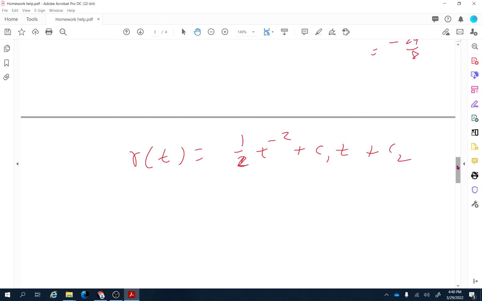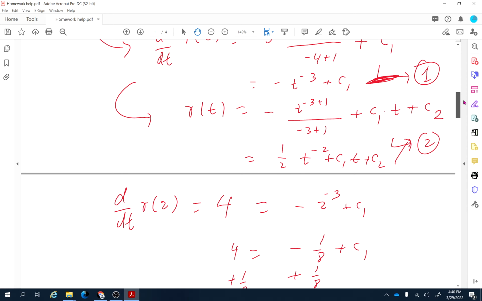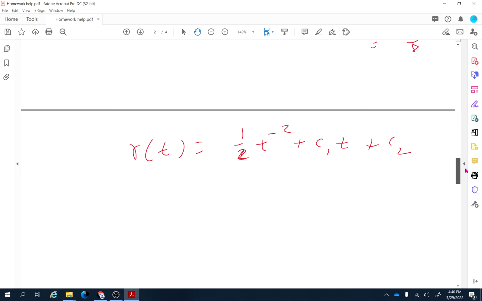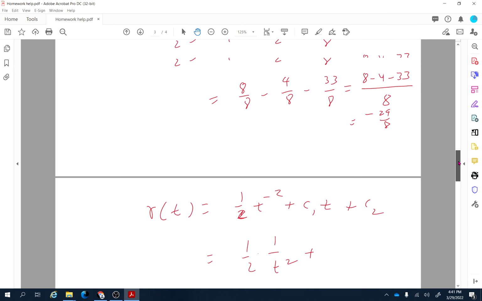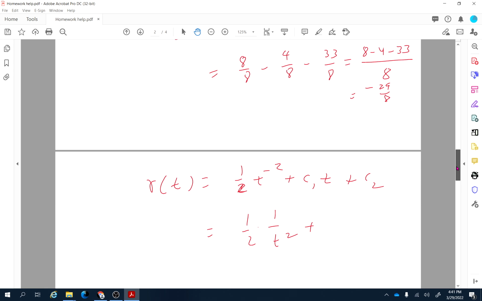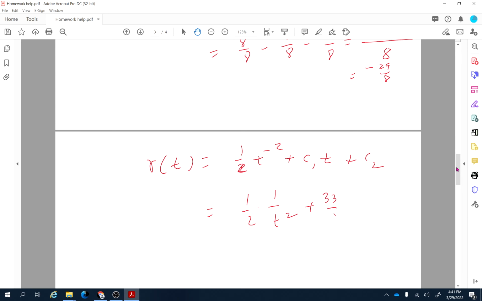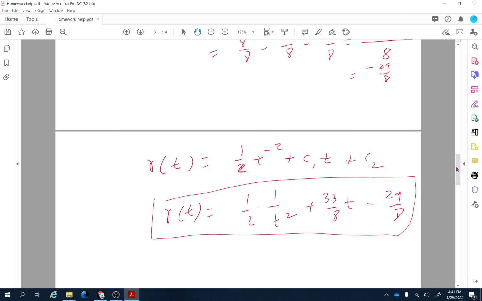This is r of t we found, but we don't want our answer in terms of c1 and c2. We don't want our answer as a negative exponent either, so I'm changing the position and writing it as 1 over t squared, and now plugging in the value of c1, which is 33 over 8, and c2 is negative 29 over 8. So that is r of t, and that's our final answer.